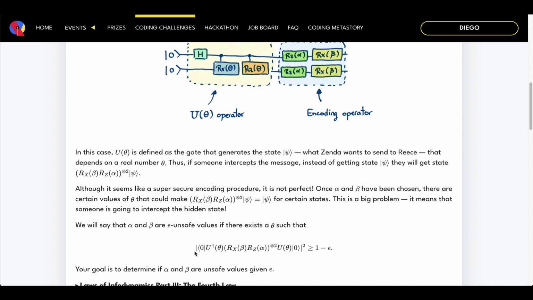Now, to understand this problem, we need to take a close look at this equation and see what it means. If we see here in the rightmost part of the equation, we have the operator U of theta applied to the all zero state, which is just the state at the output of this circuit. And then on the other side of the equation, we just have the transpose conjugate of that.